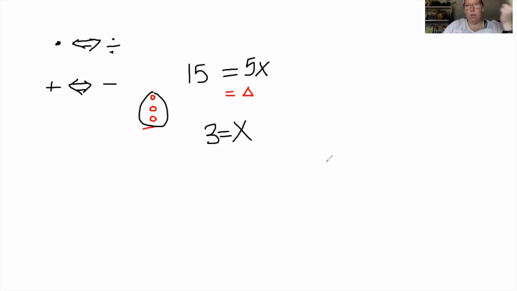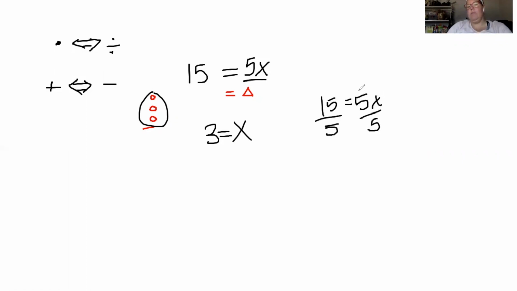So that's what we've been doing in the past. But really, what that operation is, is divide. This says multiply. 15 equals 5 times x. The opposite of multiply is divide. So we're going to divide both sides by 5.